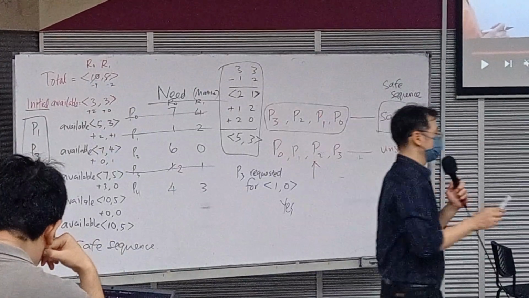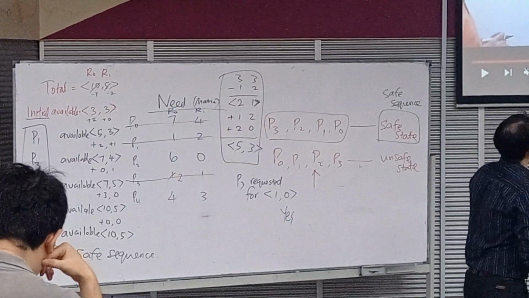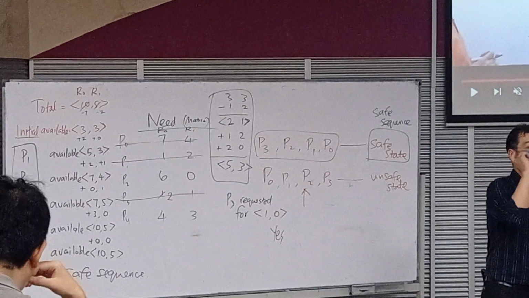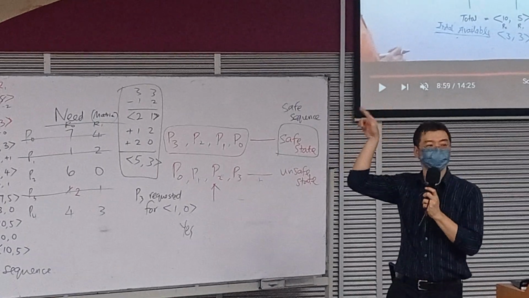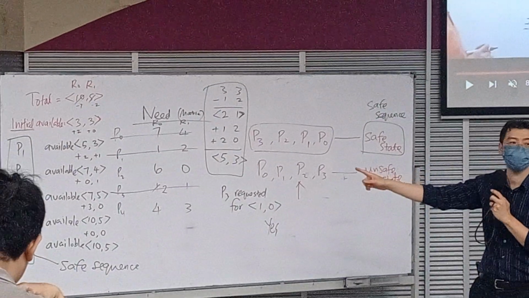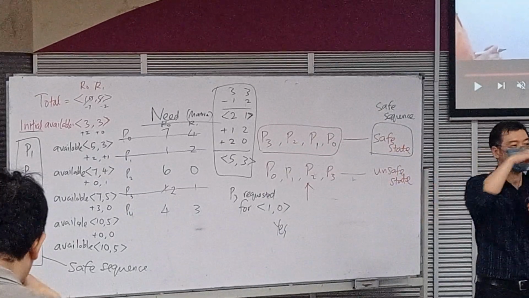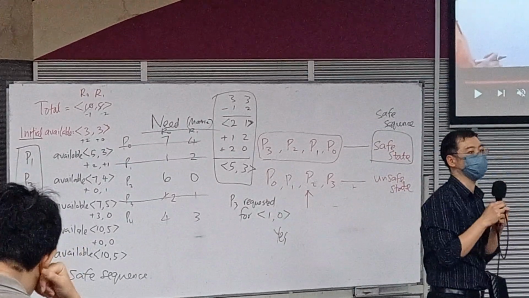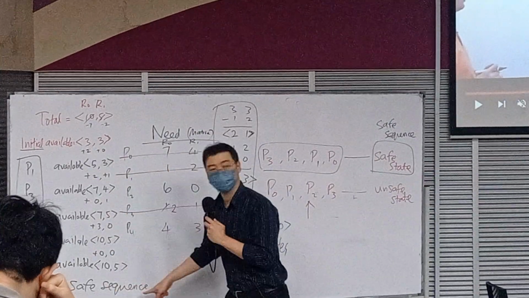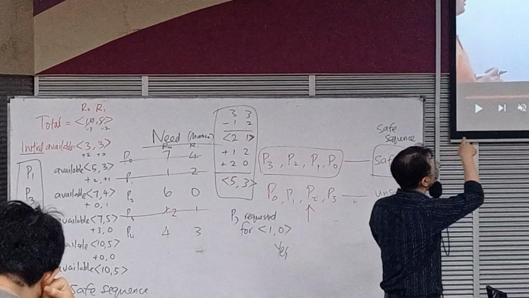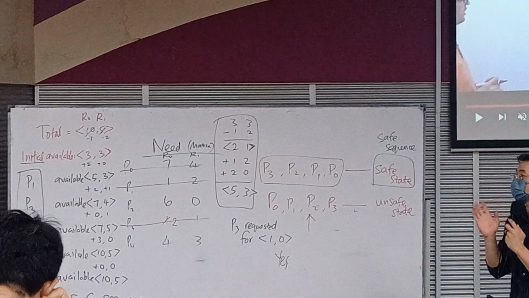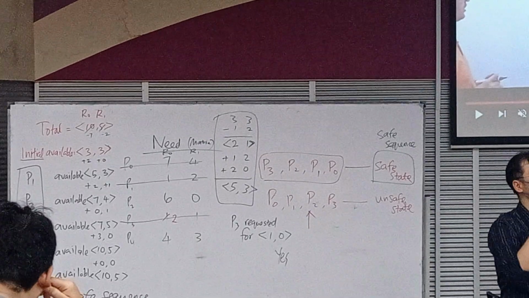Is that clear? Okay, so this deadlock avoidance is different from what we have studied before. Even though you got cyclic or whatever later on, right? Actually, you will not have a cyclic case because this avoidance will prevent the cyclic hold and wait from happening. Okay, once the operating system finds a safe sequence, no matter how you use the resources later on, there can never be any cyclic hold and wait.